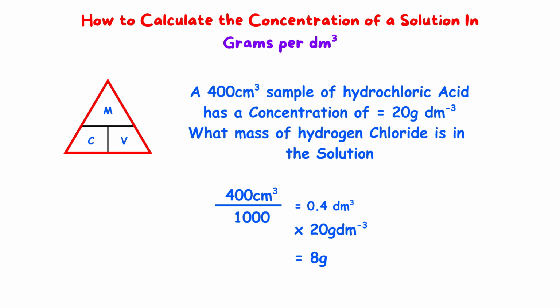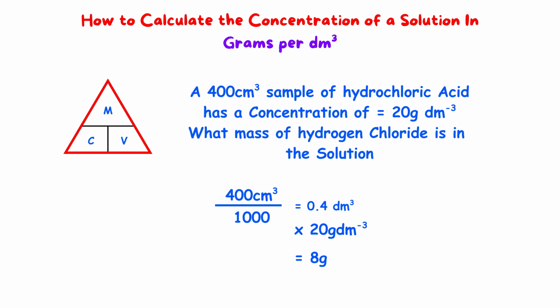First, we convert the volume to decimeters cubed by dividing 400 by 1,000, giving us 0.4 decimeters cubed. Then, according to the formula triangle, mass equals concentration multiplied by volume. We multiply 20 grams per decimeter cubed by 0.4 decimeters cubed, which gives us 8 grams. Therefore, we know that there are 8 grams of hydrogen chloride dissolved in our original 400 centimeters cubed sample.